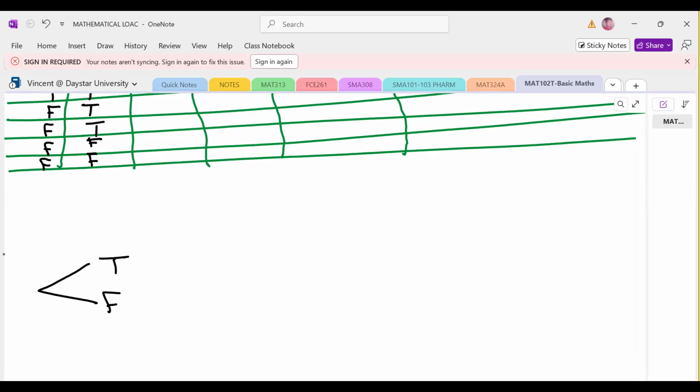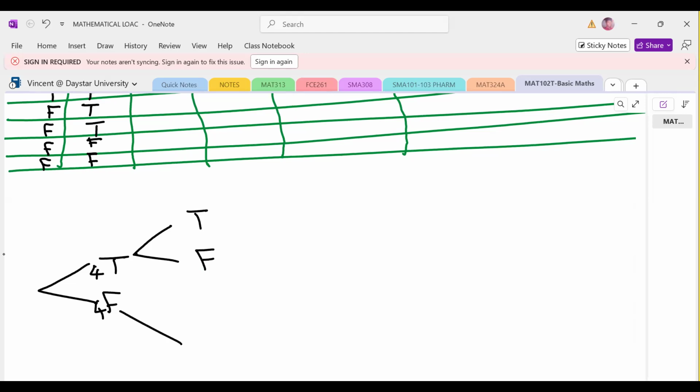So that's why for the first column we put 4 T's and 4 F's. Okay? That's the way we fill column 1. Now column 2 we branch again. So you say here, when you are doing the second time, it still can be true or false. Okay?